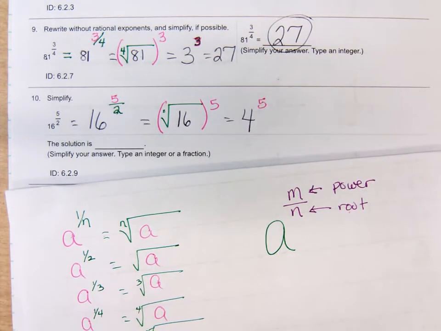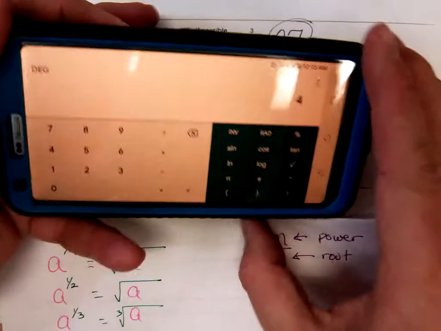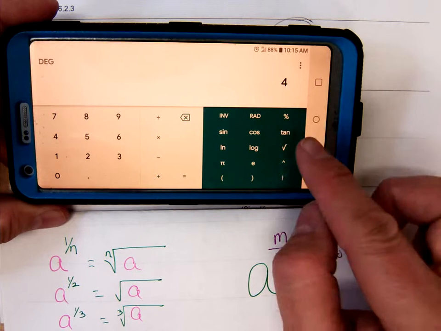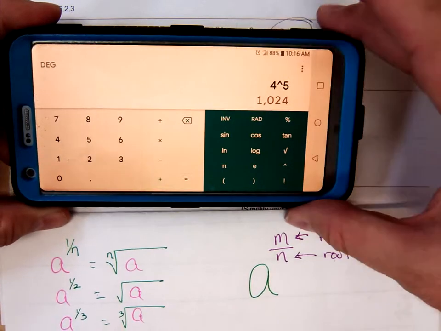Let's see, how would most of y'all do that? Y'all do it by hand, or would you just grab your calculator and punch in 4 raised to the 5th? So 1024. 1024. 4 to the 5th.